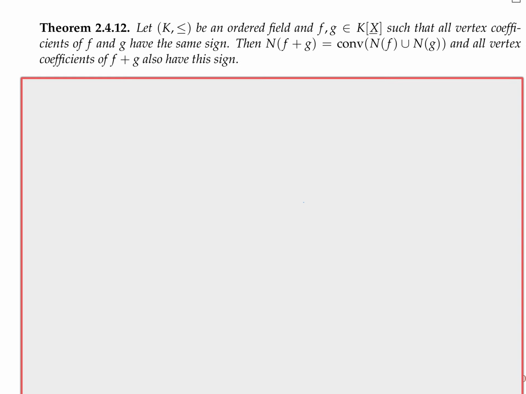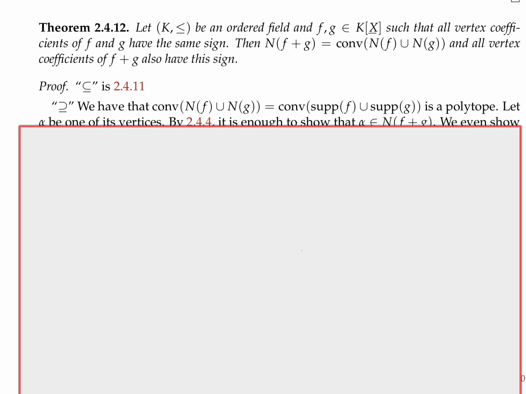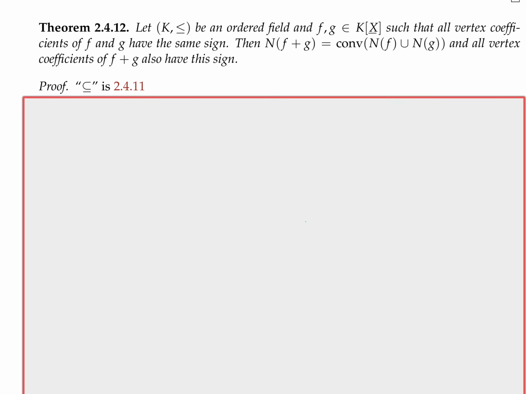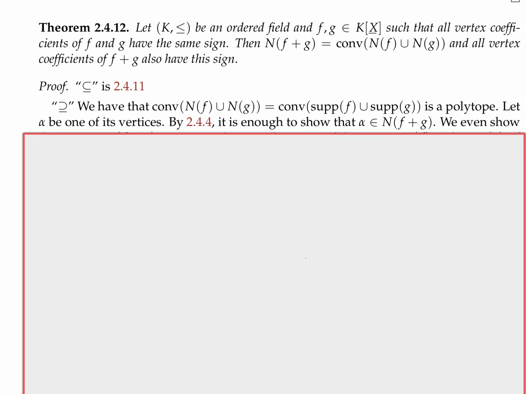So why is this? Let's look at the proof. So one, the inclusion from here to here always holds, right? That was 2.4.11. The other inclusion now, the one that does not always hold. So we have that the convex hull of the union of Newton polytopes is, of course, the convex hull of the supports, right?